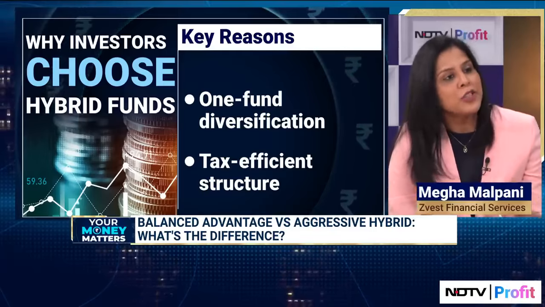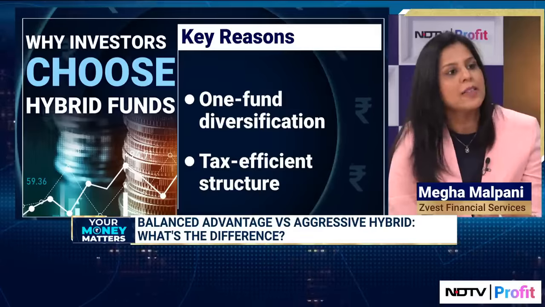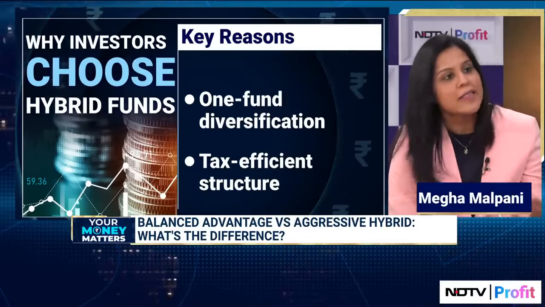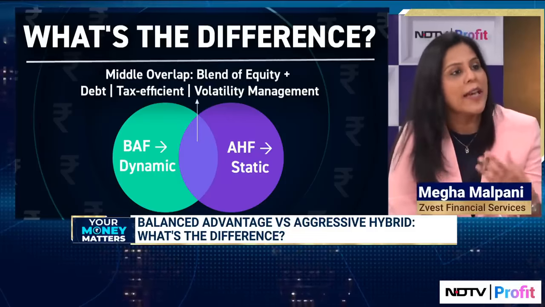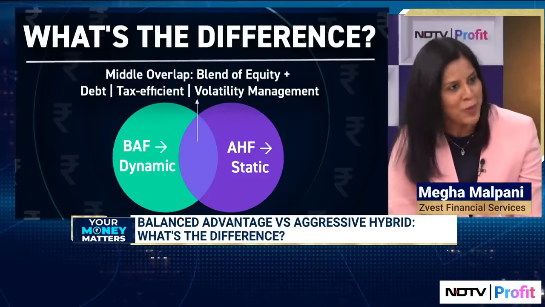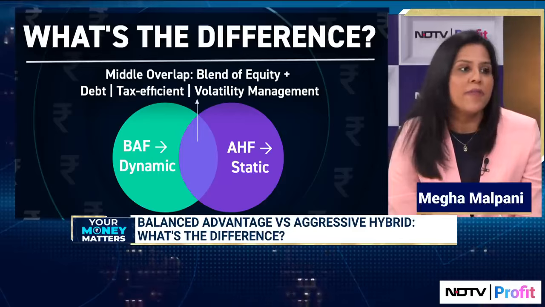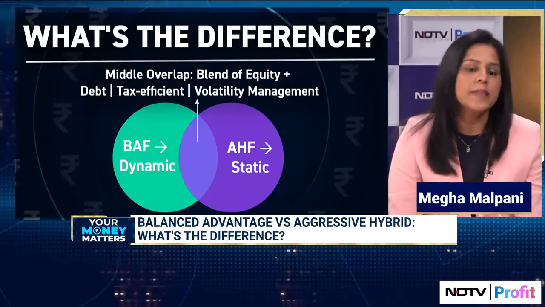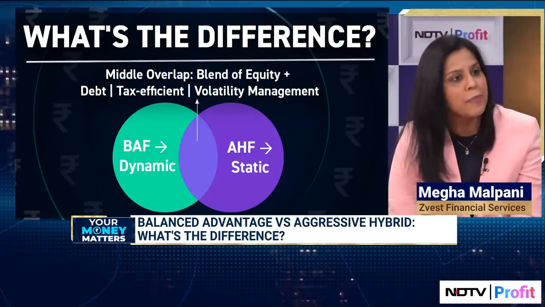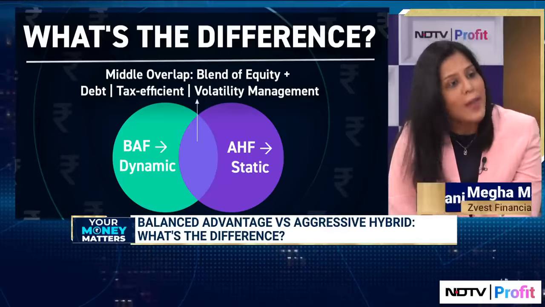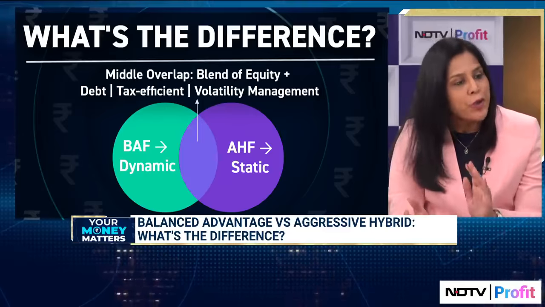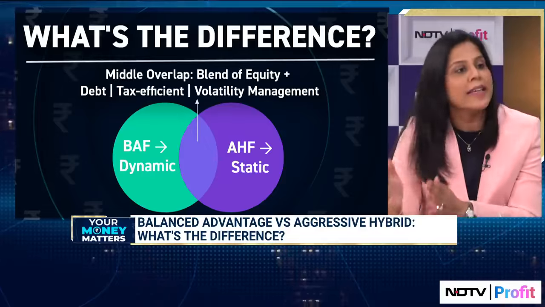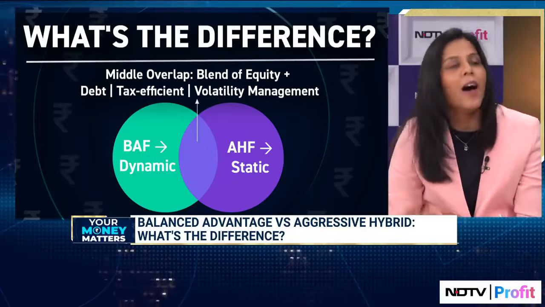So here the fund manager would typically decide basis the market, which could be either a cyclical approach or a counter-cyclical approach, as to how much equity he or she wants to run in the portfolio. Aggressive hybrid funds, on the other hand, necessarily have to have 65% in equity or equity-linked instruments, so as to ensure that they fall in the equity tax bracket.